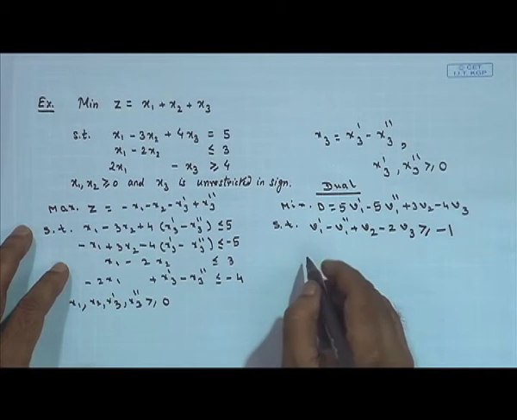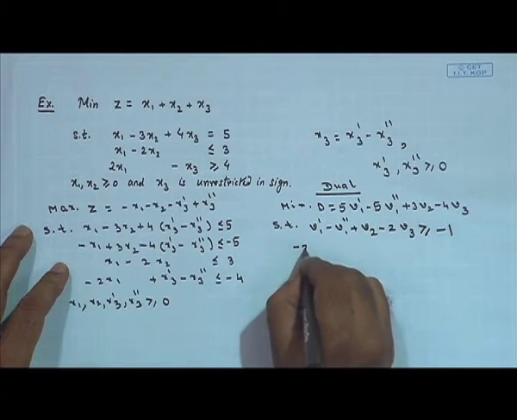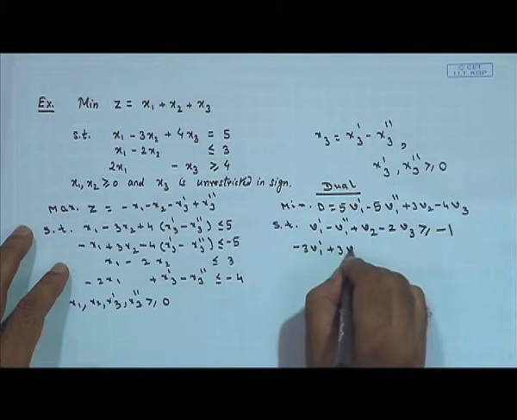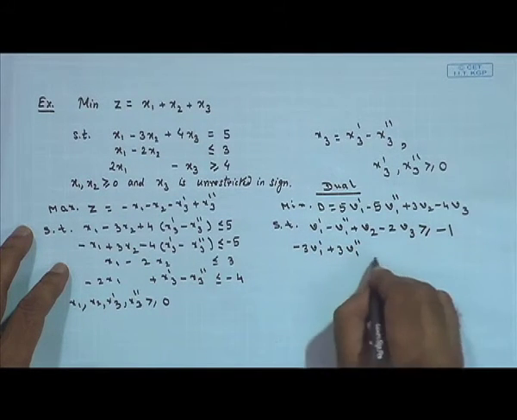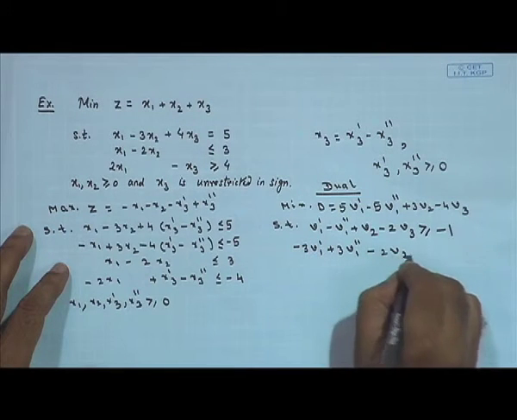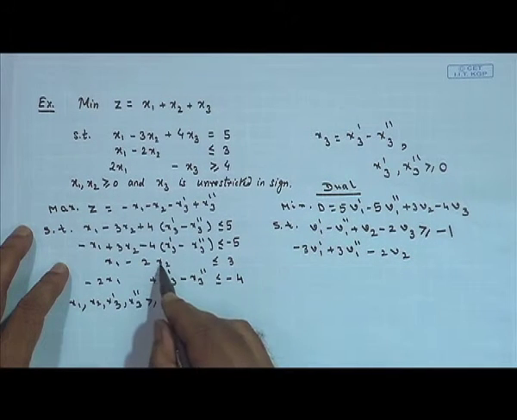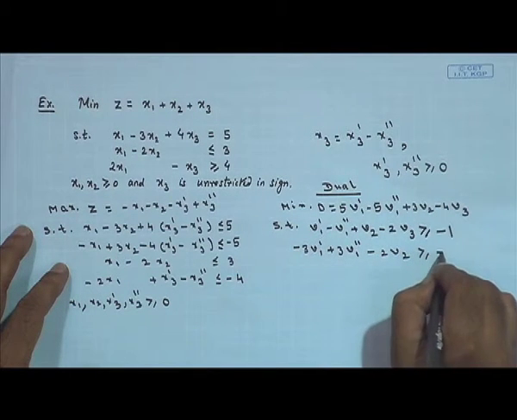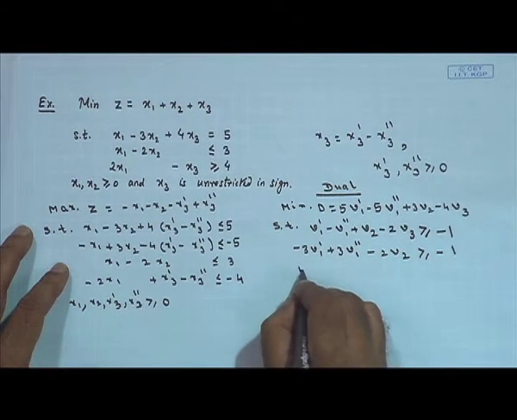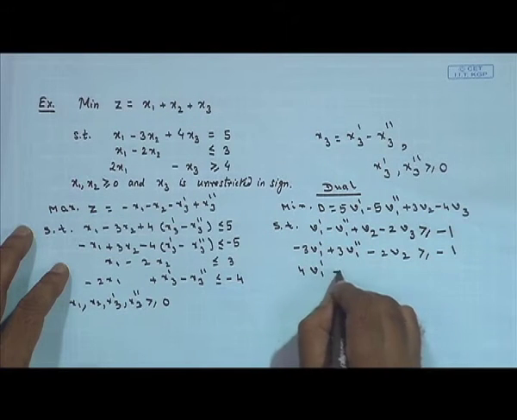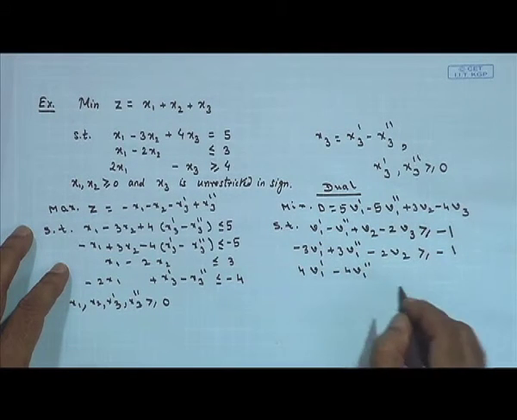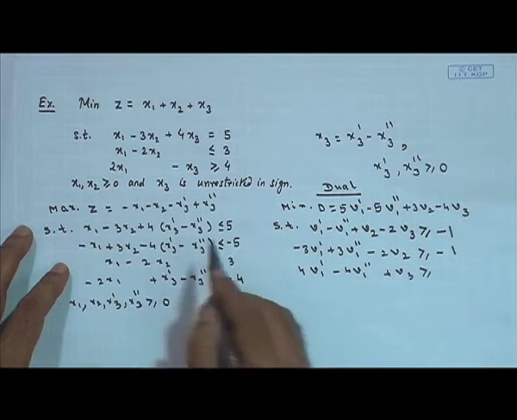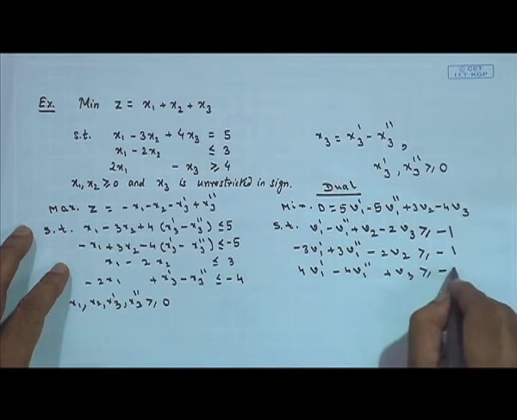So, what you will get: minus 3 v1' plus 3 v1'' minus twice v2, because x2 is appearing here and v3 will not come. This is greater than or equal to minus 1. Next one is 4 v1' minus 4 v1'' plus v3, which is greater than or equal to minus 1, corresponding to x3'.